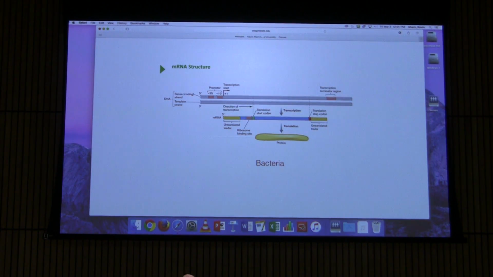It's even excessively organized in that sense, in that bacteria have something that eukaryotic cells don't have, and it's what we call polycistronic messages. So polycistronic messages means that a given messenger RNA can have more than one coding sequence on it. And that's very commonly done with bacterial genes.